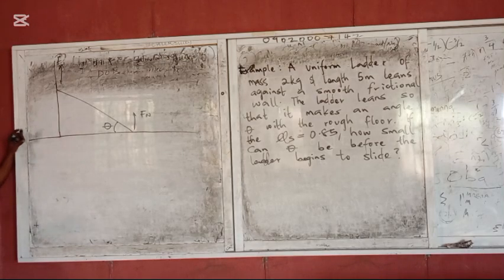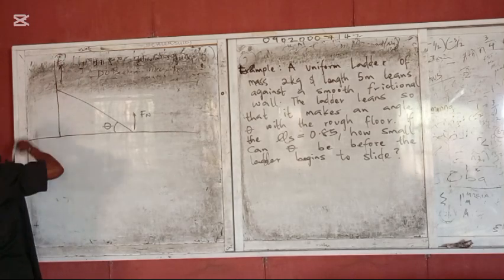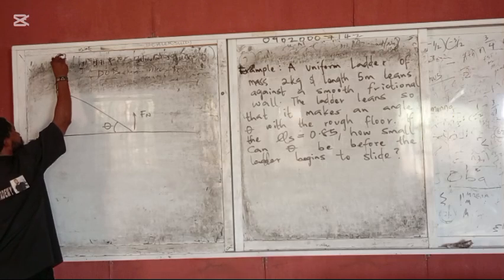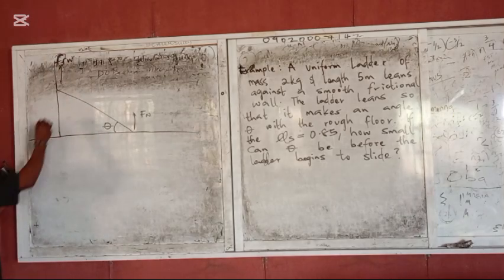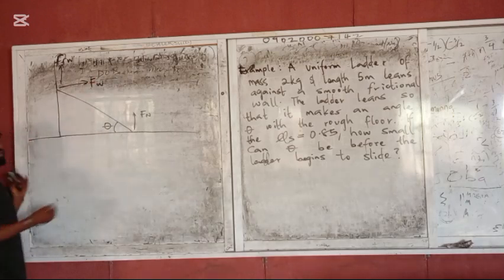But if you go into examples and see a frictional wall, there will be problems. Everything we did yesterday is for frictionless. This is for frictional. So this is going to be the frictional force of the wall, and this is going to be the force of the wall.